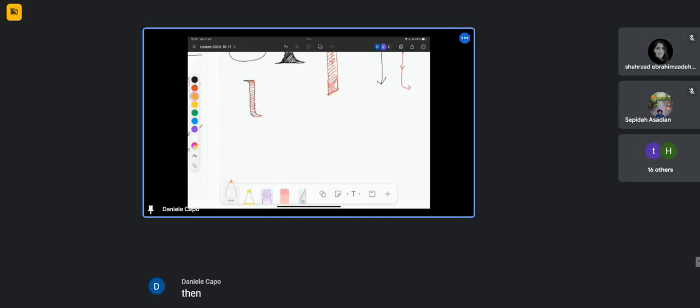Then you add two other strokes. Like this. And the final shape is something like this.